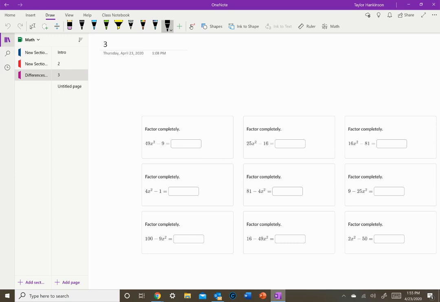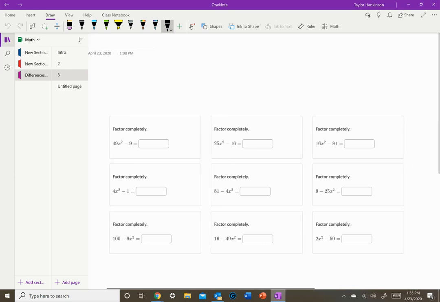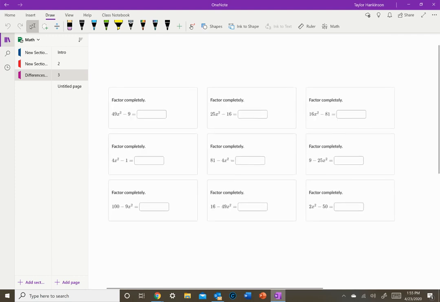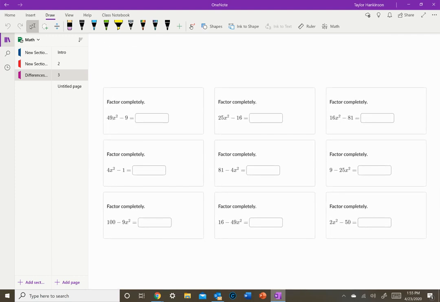Moving on, these are the problems where there's a coefficient or a number in front of the first term. But this is not a problem for us, and we can approach these the same way. So instead of just doing the square root of x squared, we're going to do the square root of 25, the square root of x squared, and then the square root of 16.